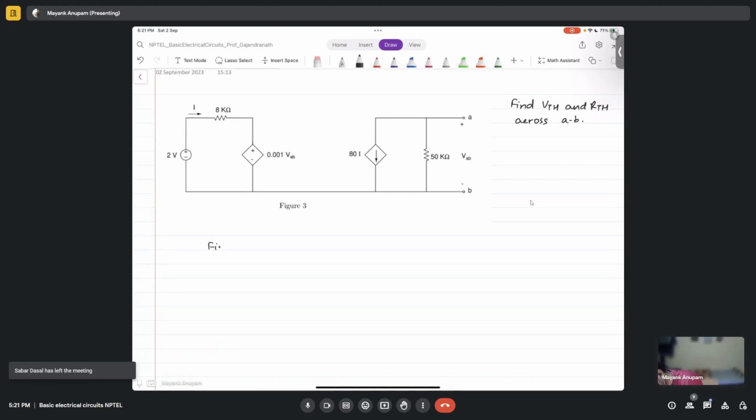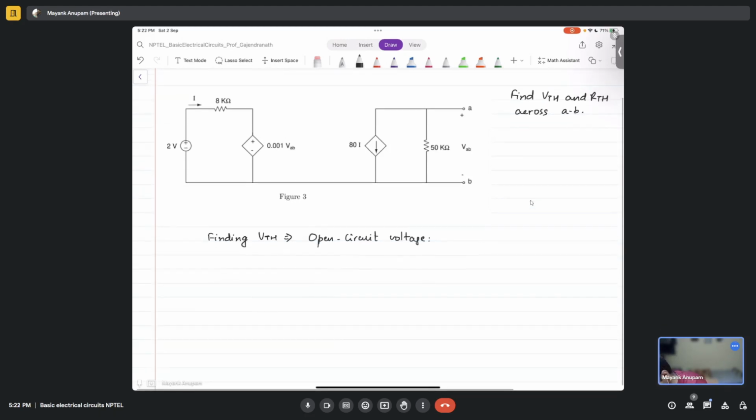VTH will be the voltage across the 50 kilo ohm resistor. Yes, so it will be the open circuit voltage, right? So what will it be?